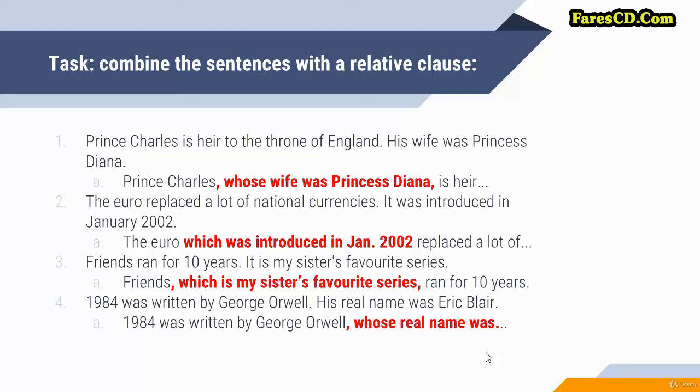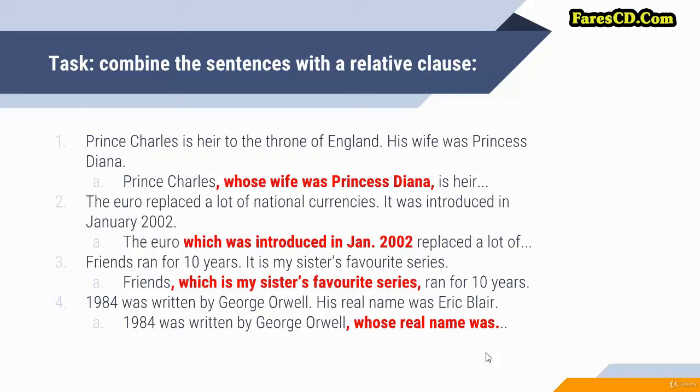Because of that, we need the commas. The euro replaced a lot of national currencies. It was introduced in January 2002. Here it depends on you. If you want to say that this information is important, you do not put commas. If you want to say that it is irrelevant, you put them.